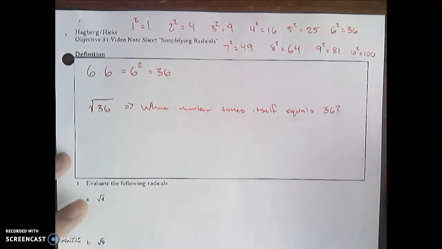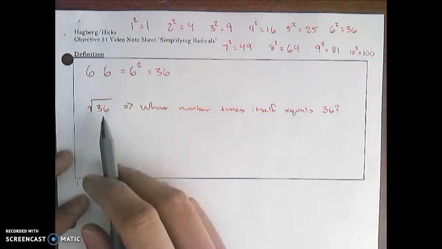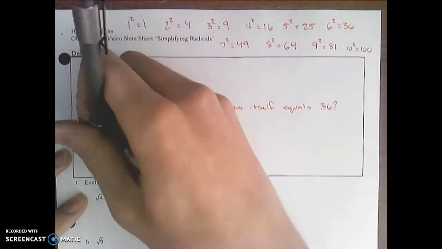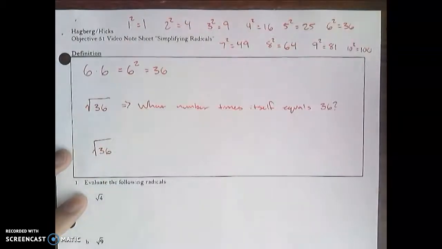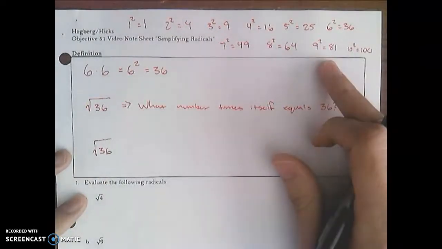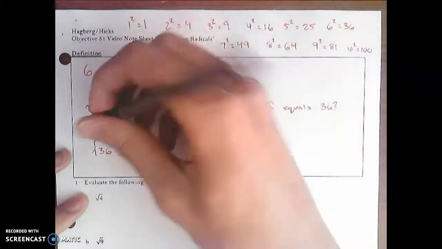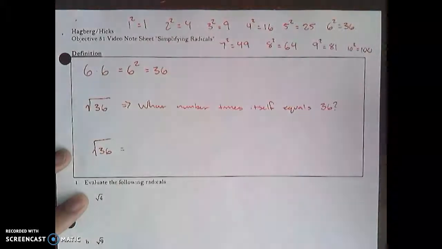So looking back at this, we have the square root of 36. What number times itself equals 36? Do one of our perfect squares, do we have something times itself equals 36? Well, if we look through these, we find that 6 squared, 6 times itself, is 36. So what number times itself equals 36? 6.